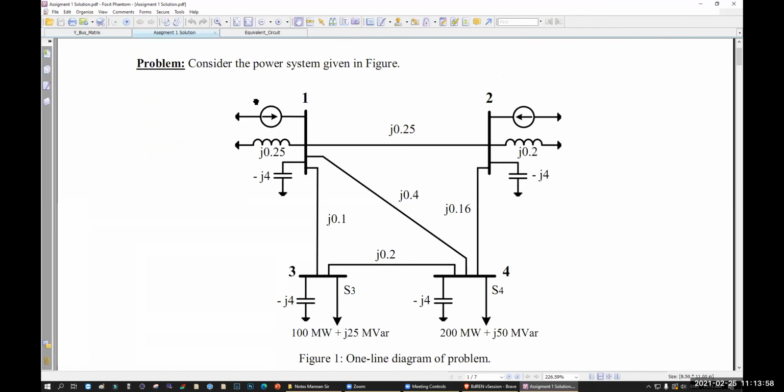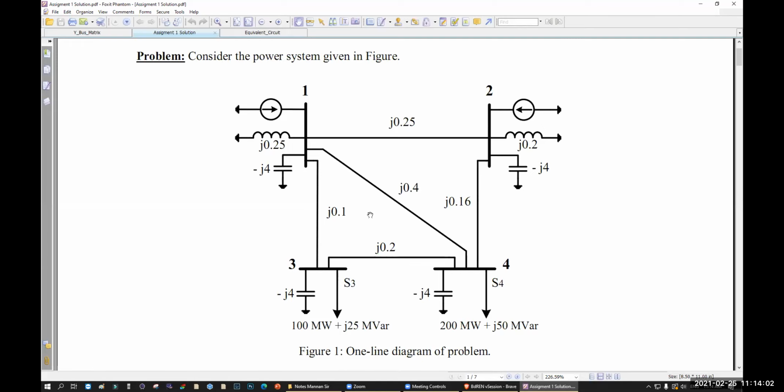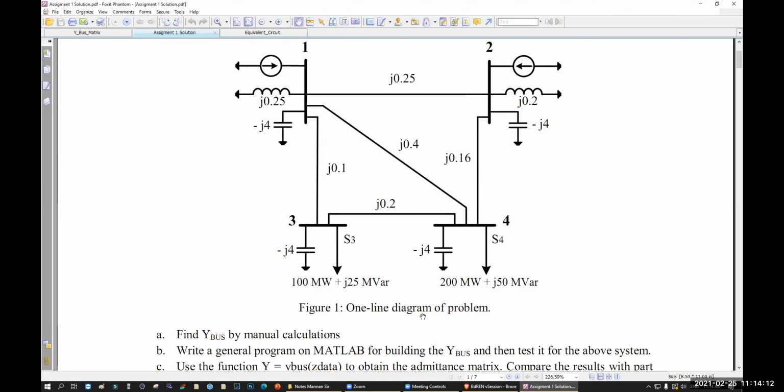Now here, consider the power system given in the figure. This is the power system in the figure. Here you have 4 buses: 1, 2, 3, 4. So it is fairly complicated for you. This is the one-line diagram. And find the y bus by manual calculation. So we will find y bus by manual calculation, that means the calculation we have seen in today's class.